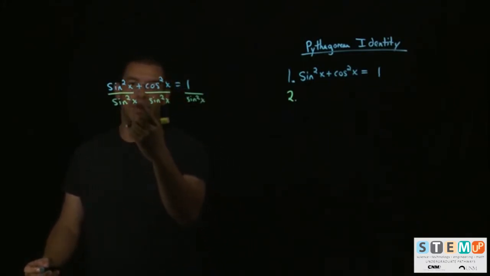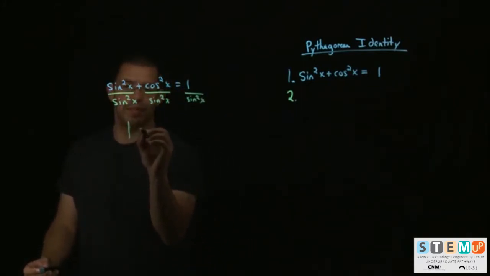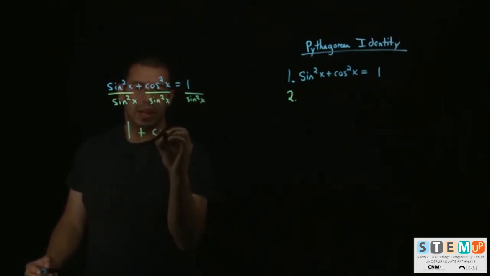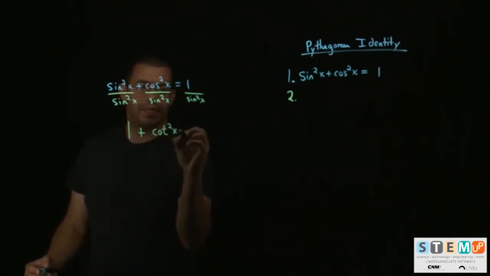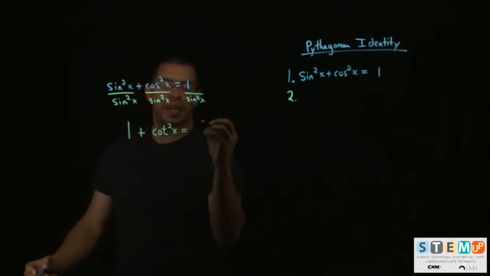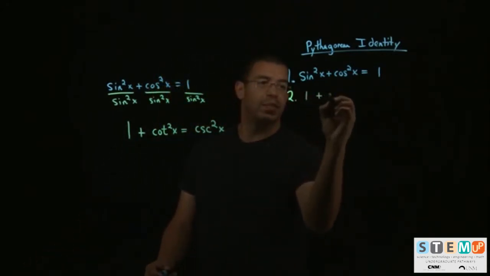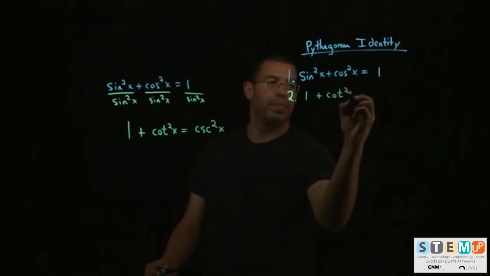Well, I have sine squared divided by itself, so just 1. Cosine squared divided by sine squared, that's cotangent squared. 1 divided by sine squared, that's just cosecant squared. So that's the second Pythagorean identity.